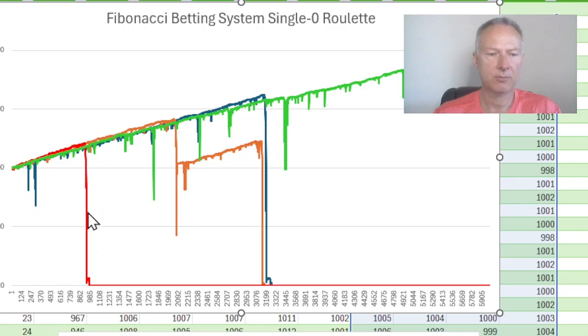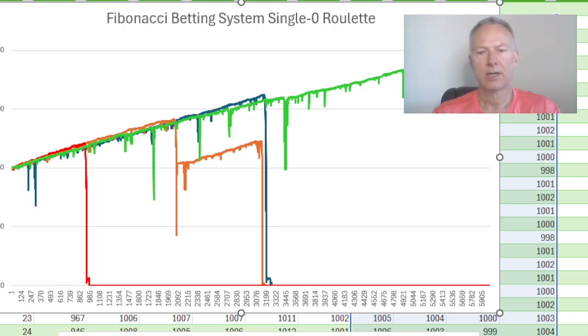You may be wiped out completely, like this guy in the red simulation, or in orange here, he managed to recover. And then again started this upward trajectory, but then the next time he hit a series of negative spins, a series of losses, it wiped out Orange's bankroll.